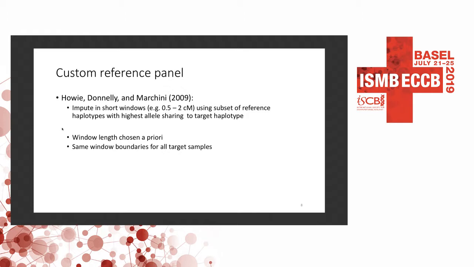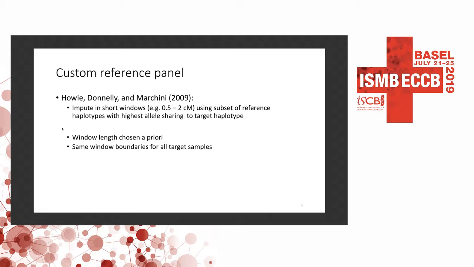So in order to get computational efficiency, you want that window to be as small as possible, because the smaller it is, the fewer reference haplotypes you need to model that region well. But on the other hand, the smaller you get, the more you're getting tunnel vision and you're throwing away more and more information. This especially becomes obvious when you have really large reference panels, because if you have tens of thousands or hundreds of thousands of individuals in your reference panel, the probability becomes very high that somebody in that reference panel is fairly closely related to your target haplotype.